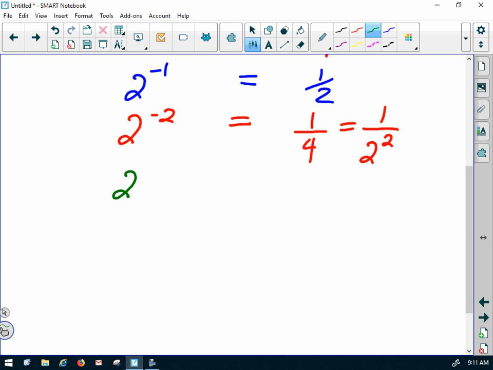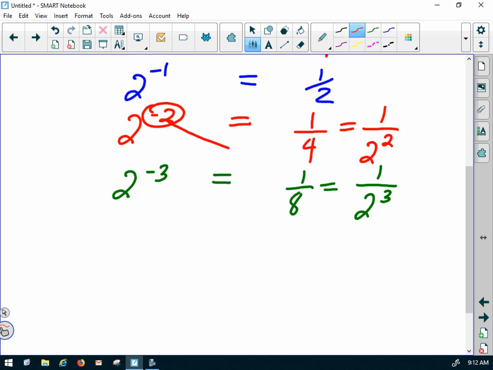What's next? What do you think is going to go here? 1/8. Because that would be 1 over 2 to the third power. So, oh my gosh, when you have a negative exponent, what happens?